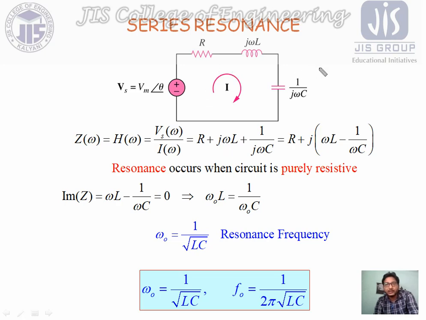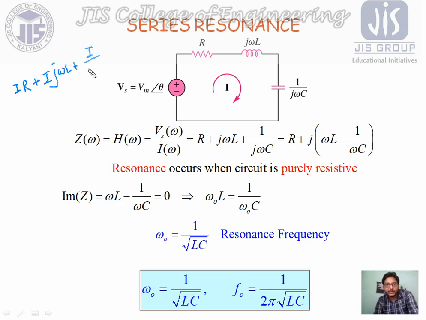By simple KVL you can write I into R plus I into j omega L plus I into 1 by j omega C.